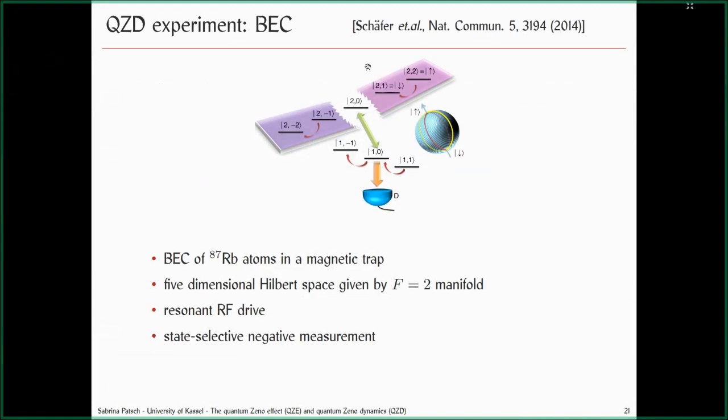And by coupling the state, we can perform a Zeno measurement. So we can cut the Hilbert space, as it's nicely illustrated here by this break in between the 2 purple panels. And we can confine our dynamics to the upper subspace, which is then labeled here accordingly spin up and spin down. So we start with a 5-level system, and by inducing Zeno dynamics, the goal is to make it a 2-level system.